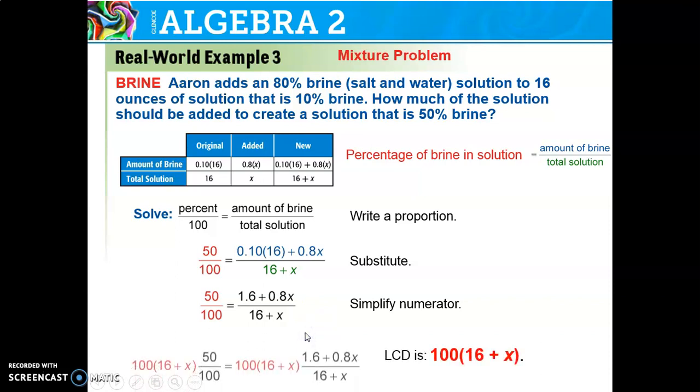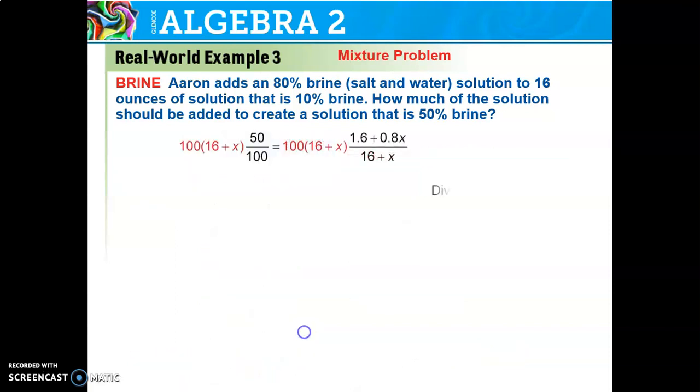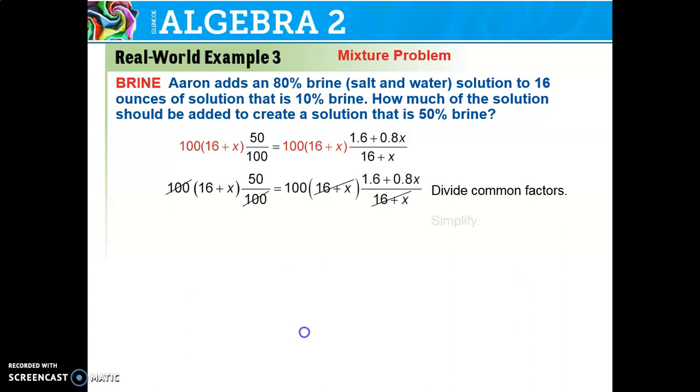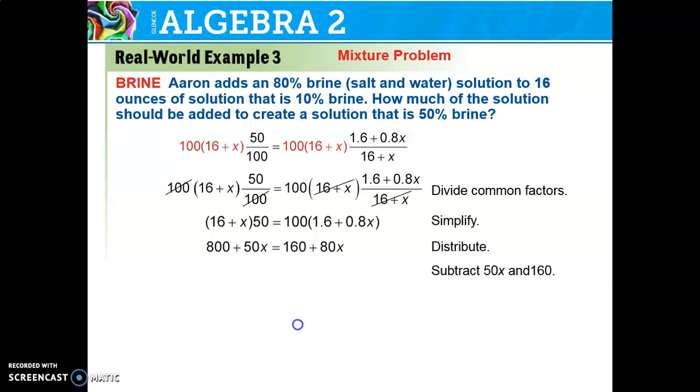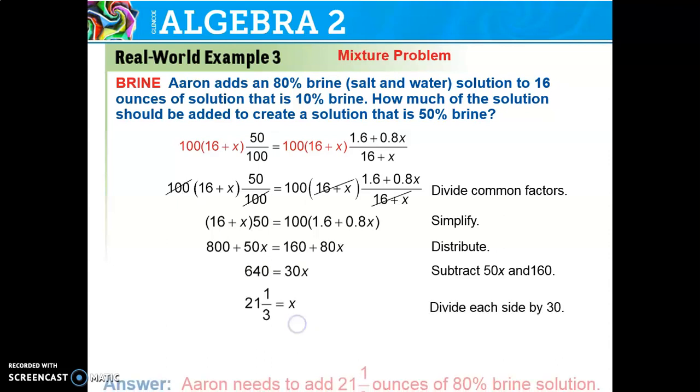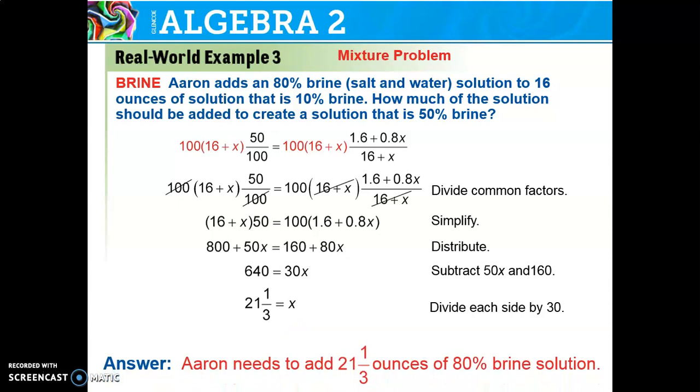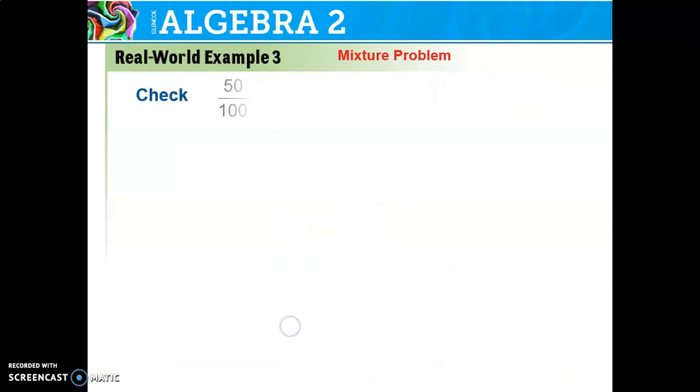We could also cross multiply, but we can multiply by 100 times 16 plus x, divide out the common factors, and simplify using properties of algebra. And we end up with 21 1/3, right? So Aaron needs to add 21 1/3 ounces of 80% brine solution to make a solution that is 50% brine.